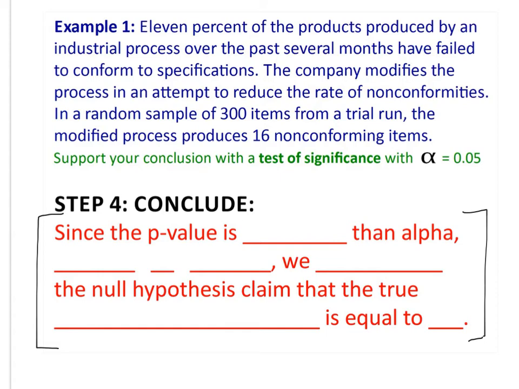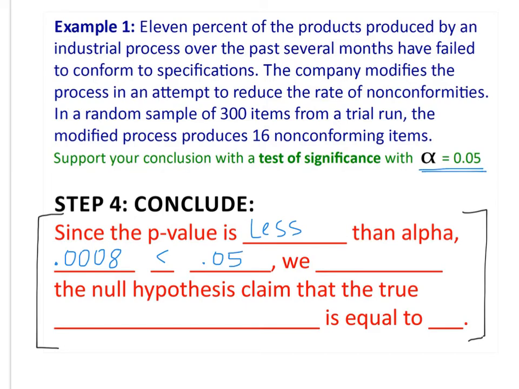Okay, now that you have that down, let's break this formula down a bit. It says, since the p-value is less than alpha, my p-value is 0.0008, and that's less than 0.05. Remember, alpha was 0.05.